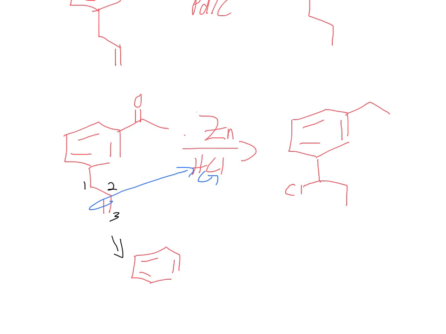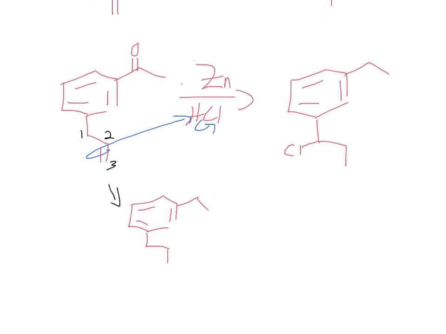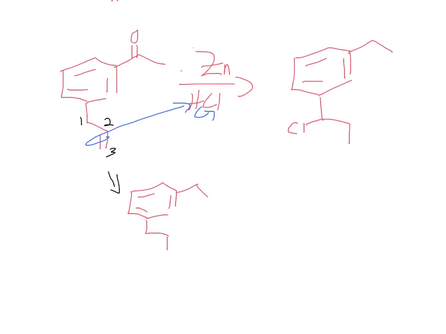The less substituted one. So this is already gone, let's say. So we've got to move it up a little bit more. So the plus charge would be on carbon 2, right? Plus charge. 1, 2, 3. Now why would there be a hydride shift? Because putting the plus charge on carbon 1 makes a benzylic carbocation, which is next to the pi system, which can then be stabilized by resonance.